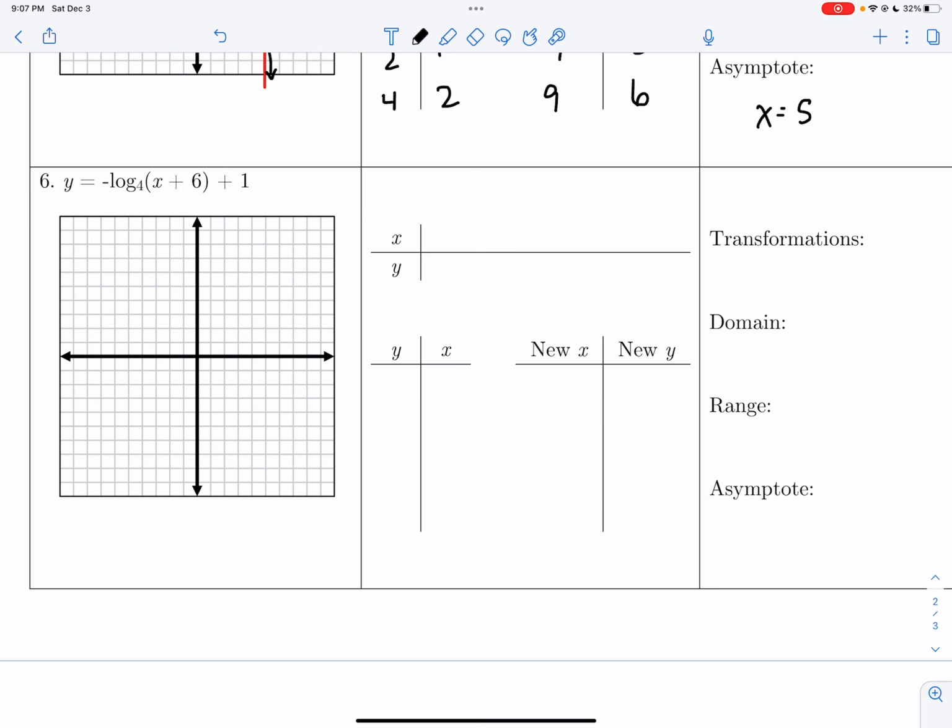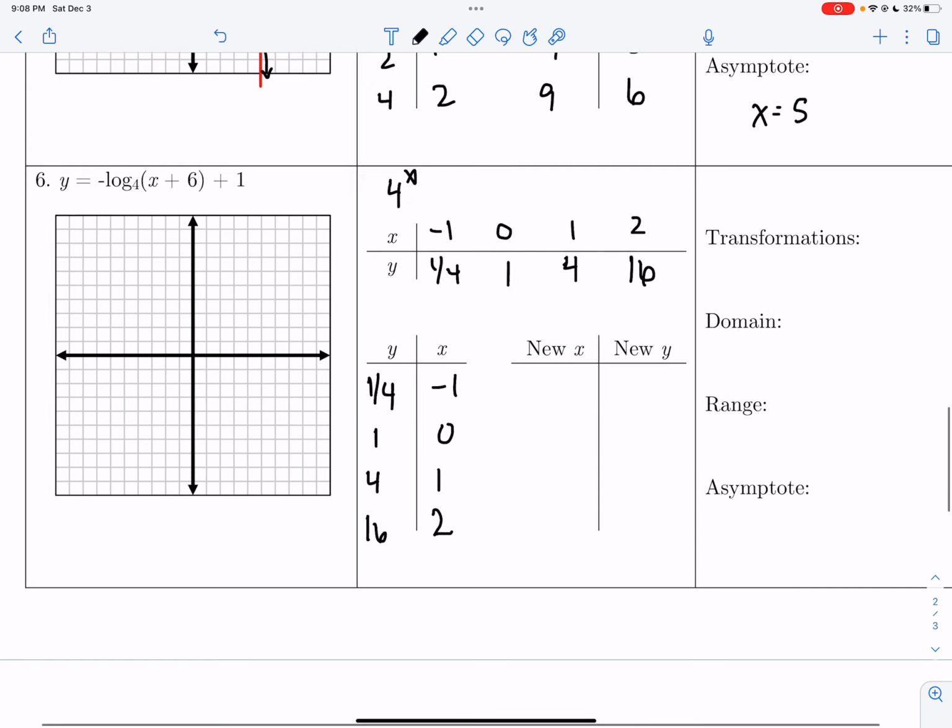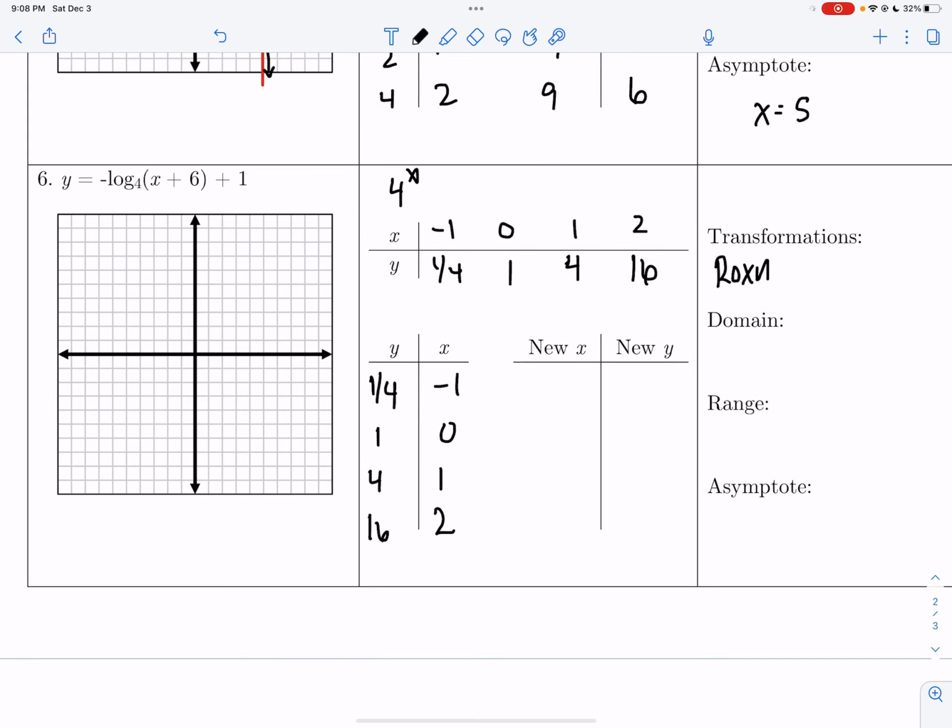Okay, so you have negative log base 4 of (x plus 6) plus 1, meaning that your reference points have to deal with 4 to the x. Oop, that should not be 0, that should be 1. Looking at your transformations, you have a reflection across the x-axis, you have left 6, and then you have up 1. Since you have a reflection across the x-axis, remember that affects your y value.